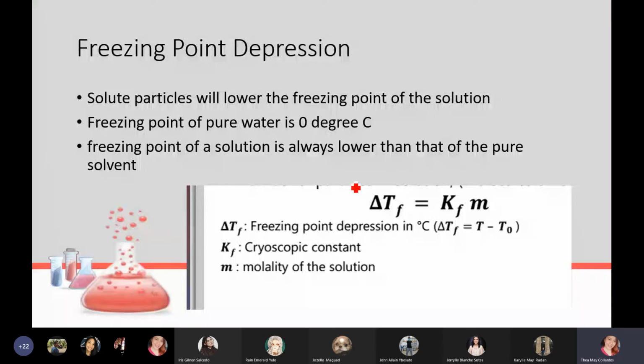So in this one, what we are having is the constant, or what we call the freezing point depression constant. So this has an amount of about 1.86 Celsius per molal. So usually this is the one that you should always memorize, the 1.86 and the 0.51. Nagwa gani siya, guys, sa board exam, don't worry.